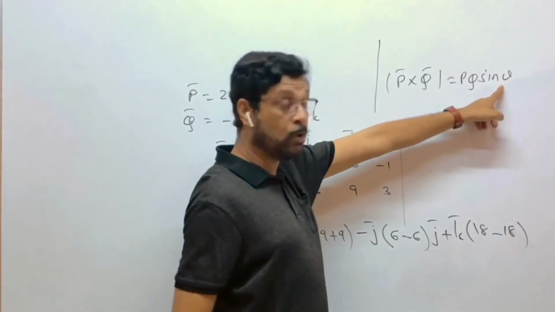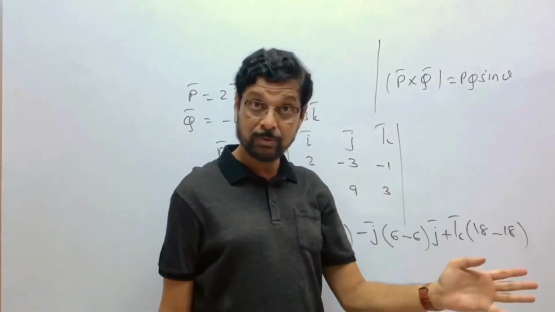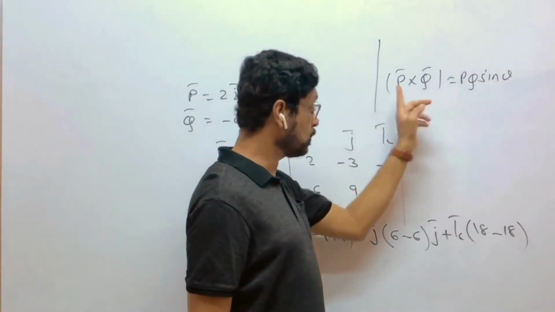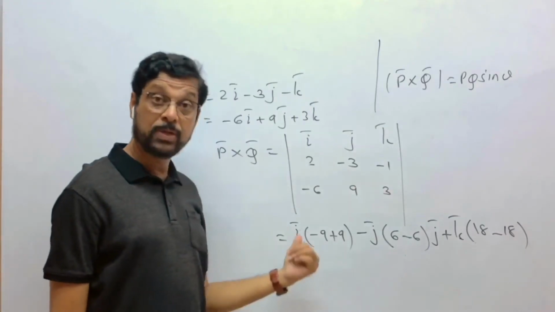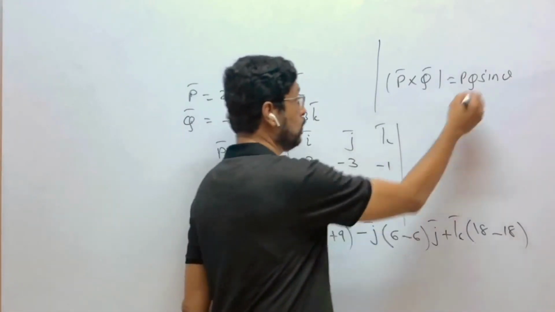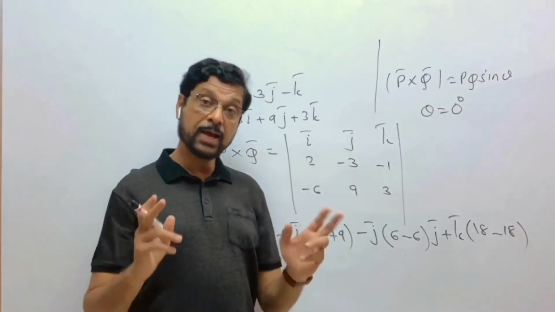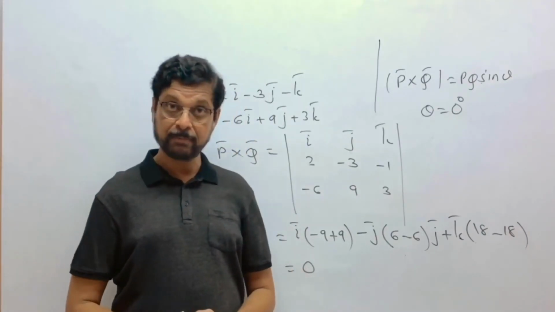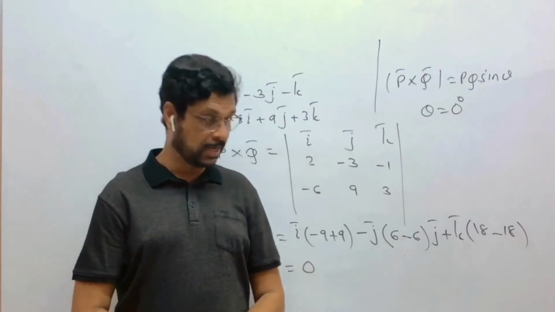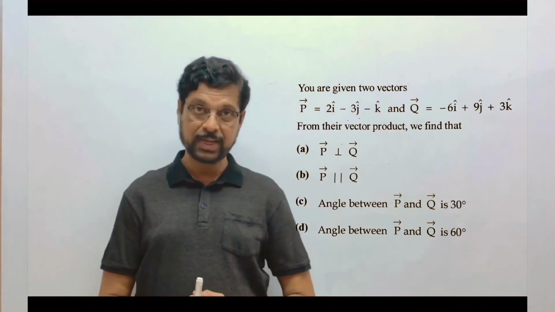If theta is 0, then sin 0 will be 0, means cross product will be equal to 0, means the angle between these two vectors is how much? 0 degree. Theta is equal to 0 degree. The angle between two vectors is 0 degree, means the two vectors are parallel to each other. So your answer is B, parallel to each other.